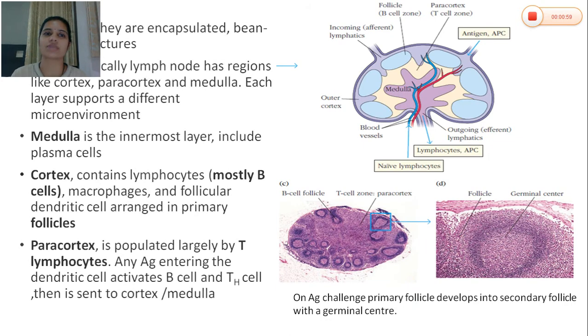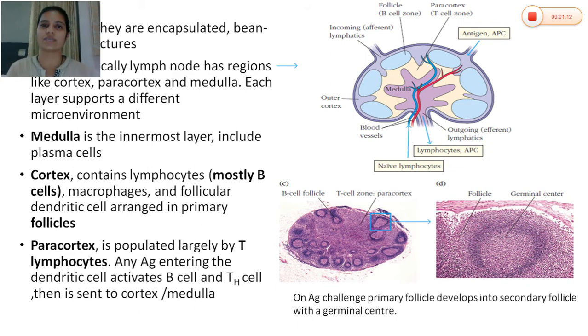Now, the structure of the lymph nodes: the node is a bean-shaped structure which is encapsulated by a membrane. Morphologically, lymph nodes have three regions: the outer cortex, the central medulla, and in between the cortex and medulla there is a region of paracortex.